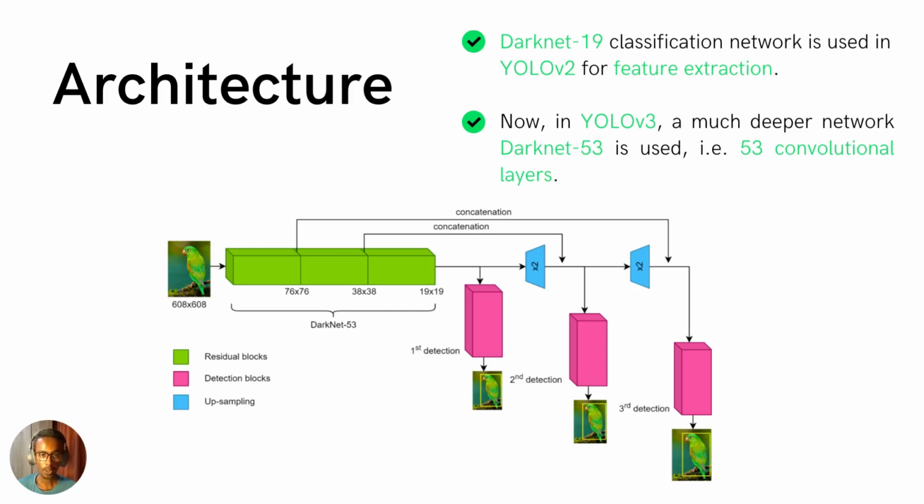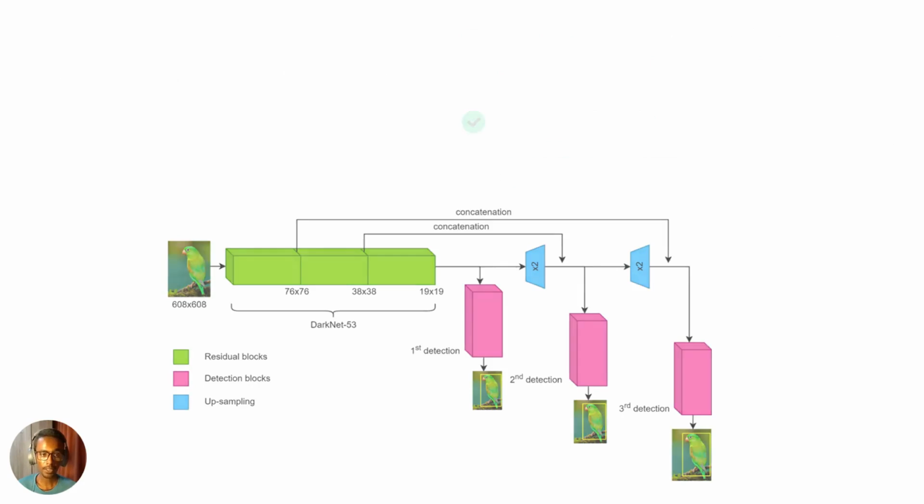And detection is going to be performed at 3 different scales. And these are shown in the image. So the backbone is just a classifier network, and it will be trained first.